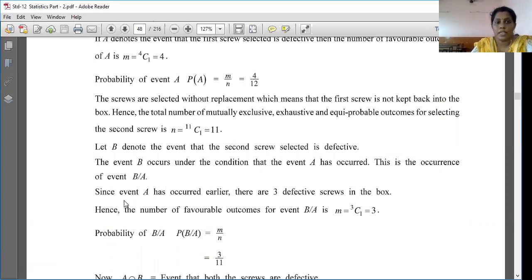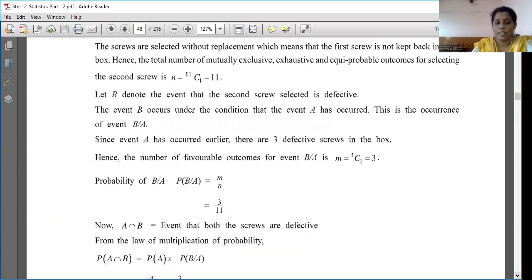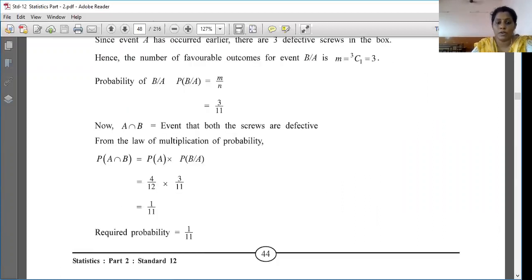B occurs under the condition that A has already occurred. So what will B by A be? That is 3 by 11. So P of A into P of B by A is 4 by 12 into 3 by 11, that is 1 by 11. So the required probability is 1 by 11.